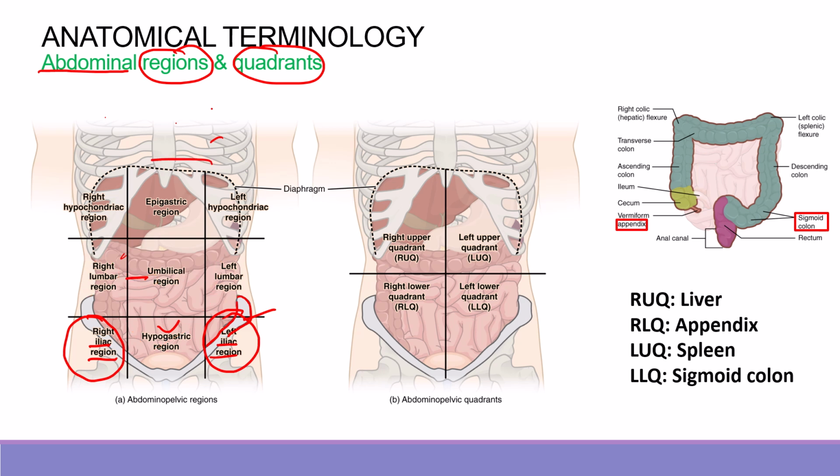Going to the superior regions, we have the epigastric in the center. This word epi is important for you to remember, because it means on top of something. For example, the epidermis, which is part of the skin, is a layer on top of the dermis.